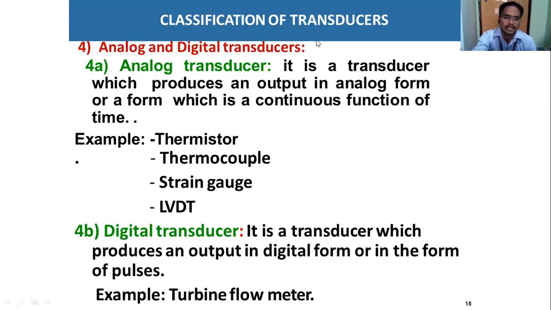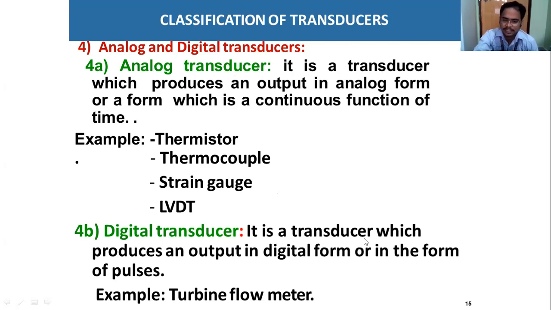Analog and digital transducers. An analog transducer produces an output in analog form, which is a continuous function of time. Whether you take a thermistor, thermocouple, strain gauge, or LVDT, we will find some voltage difference or electrical readings as outputs. Such transducers are analog transducers.